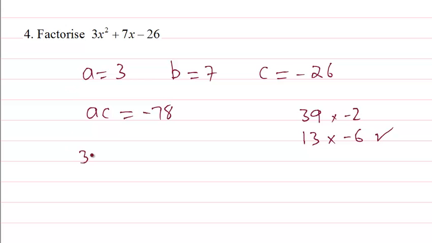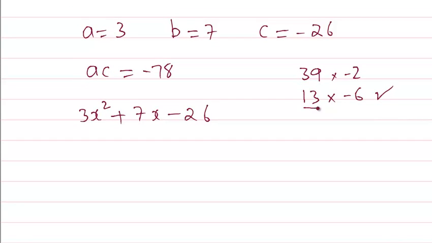Now we rewrite this, 3x squared plus 7x minus 26, by using these two numbers, 13 and minus 6. Now there's a little trick here, which way around we write them down, because 13 can go into 26 and 6 has something in common with 3, so we better write minus 6 first. So we write 3x squared minus 6x plus 13x, then minus 26.